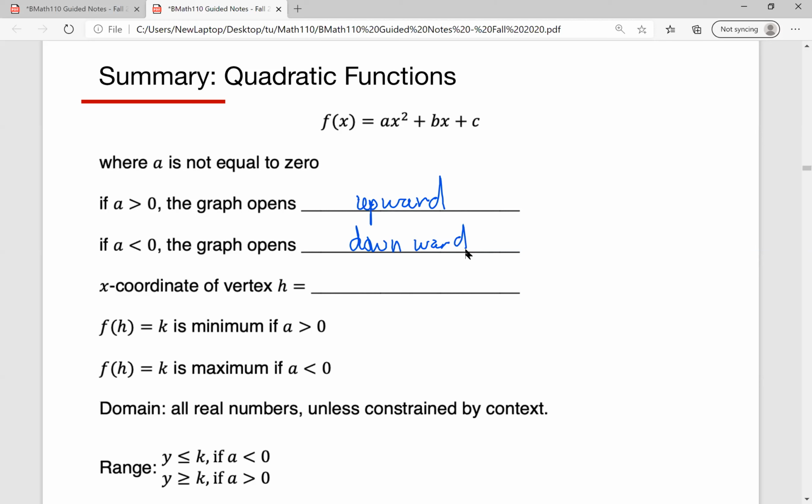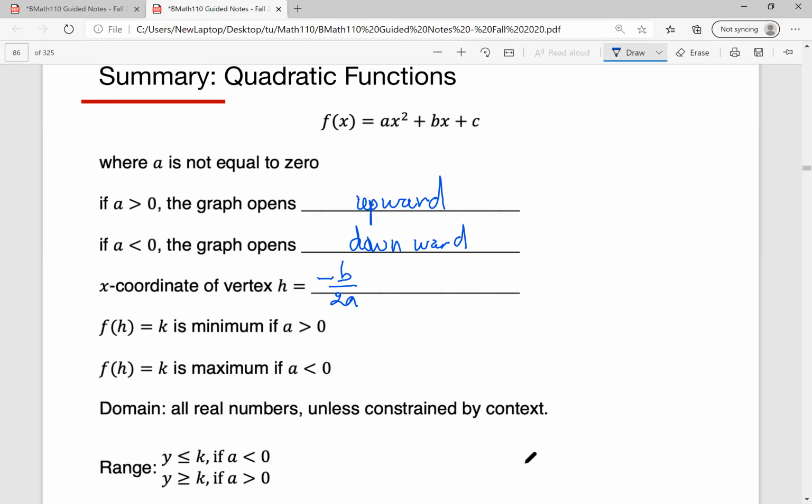The x coordinate of the vertex, h, will be equal to negative b over 2a. So please remember this. And fh will be equal to k, which is a minimum if a is greater than 0. Okay, that's correct. And fh equal to k is the maximum if a is less than 0.